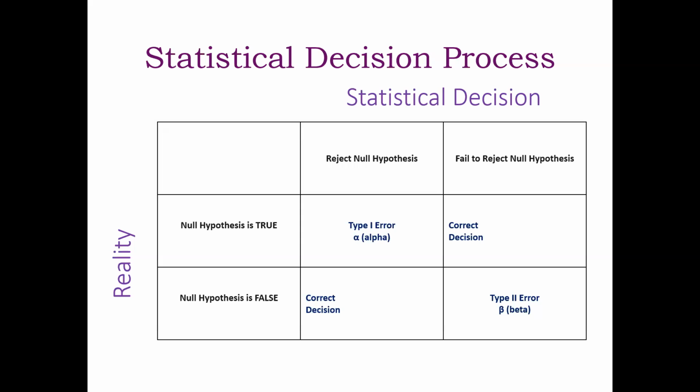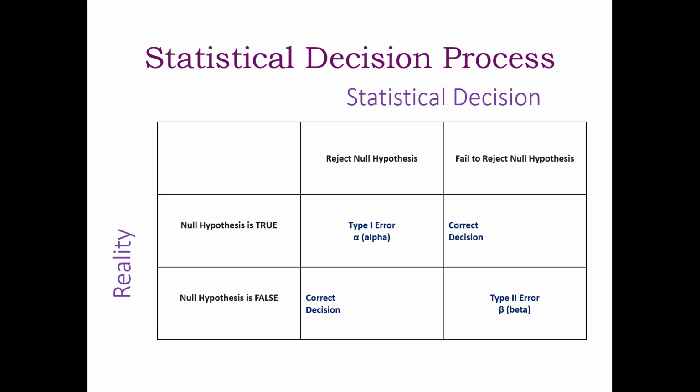So here's the statistical decision-making process. On the left we have reality: the null hypothesis is true or the null hypothesis is false. Our statistical decision is either to reject it or to fail to reject it. So there are 4 possibilities.